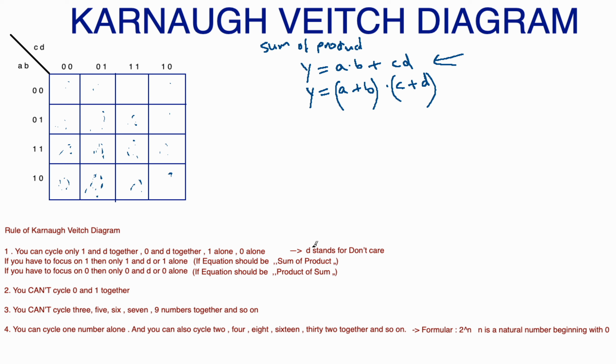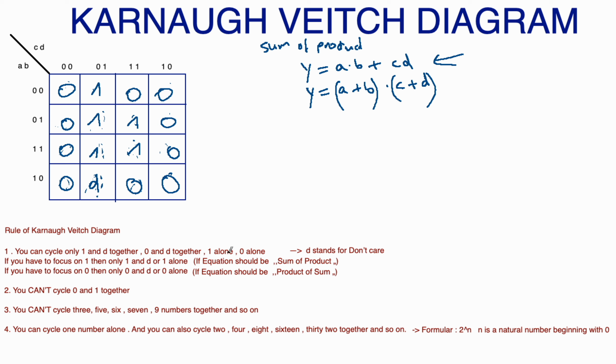So if we have a given example like this: 1, 1, 1, D, 0, 0, 1, 1, 0, 0, 0, 0, 0, 0, 0, 0.